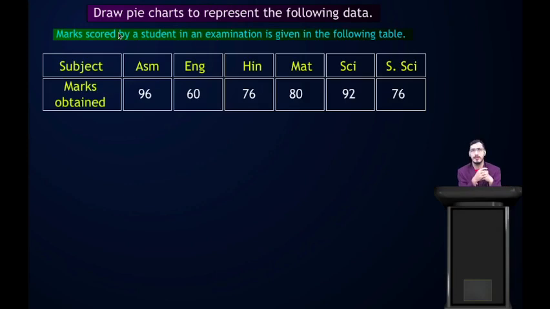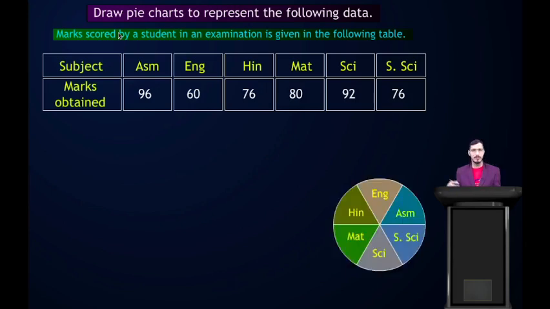Now students, we have one more question here. Marks scored by a student in an examination are given in the following table. You can see the table here: marks obtained and subject names Assamese, English, Hindi, mathematics, science, and social science, and the marks are 96, 60, 76, 80, 92, and 76. Now we can draw the pie chart like this: English, Assamese, social science, science, maths, and Hindi.